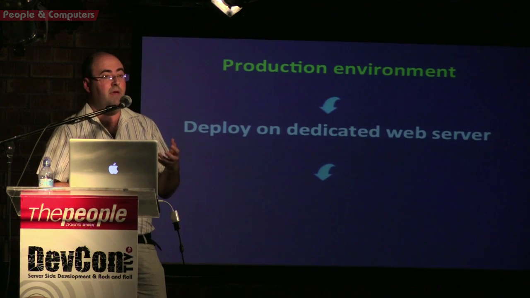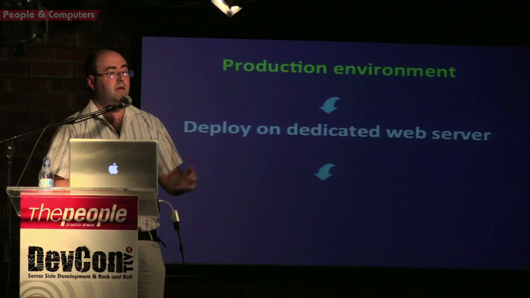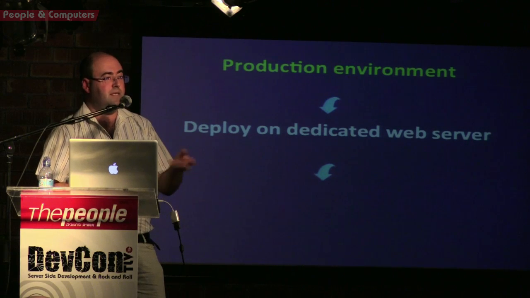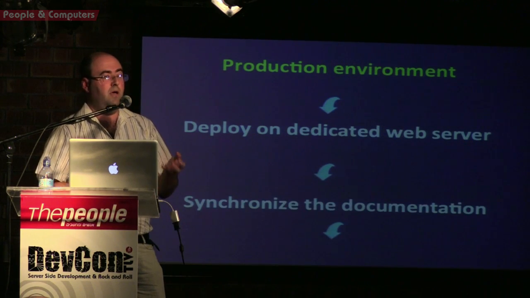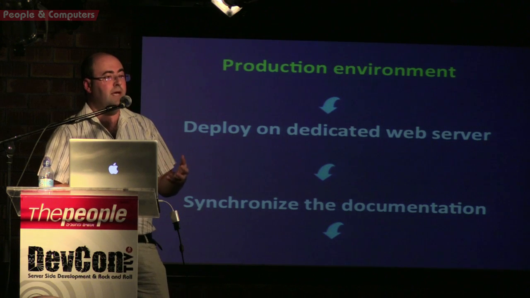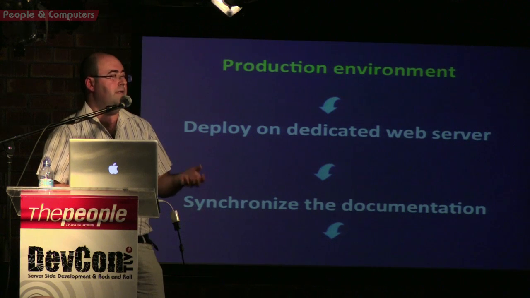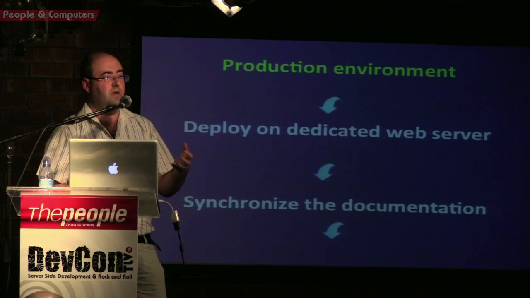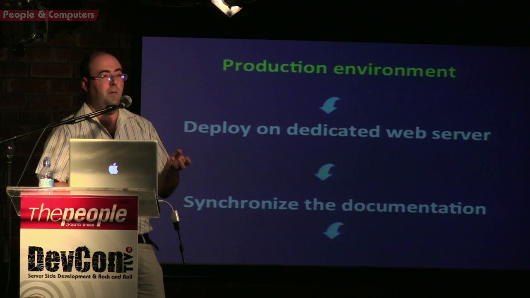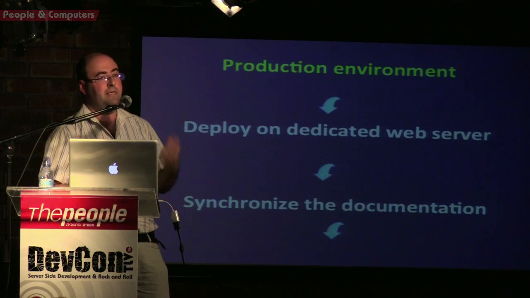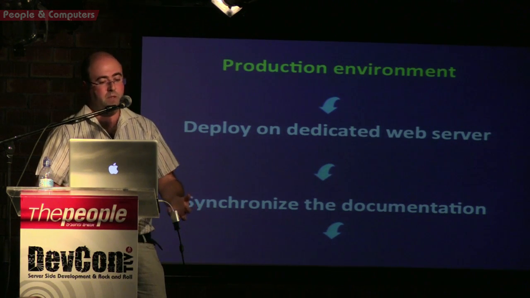Then you may have a dedicated web server, say Apache or Nginx, that will host these static resources. You also will need to make sure to synchronize the documentation with the actual application code. So if you deploy a change to the API on the production environment, you need to make sure that you have some automatic process that will take this code, generate the static resources, and automatically deploy them to this dedicated web server.